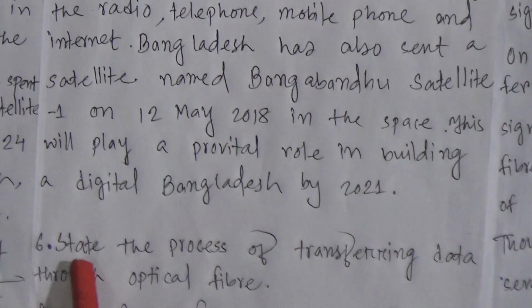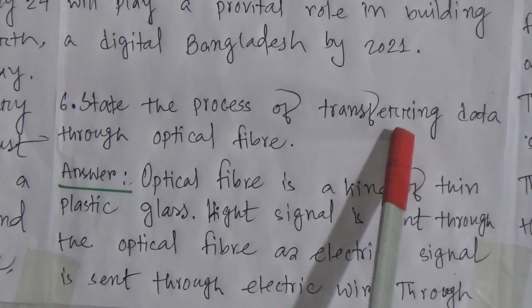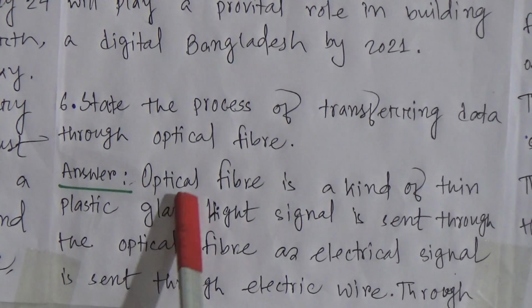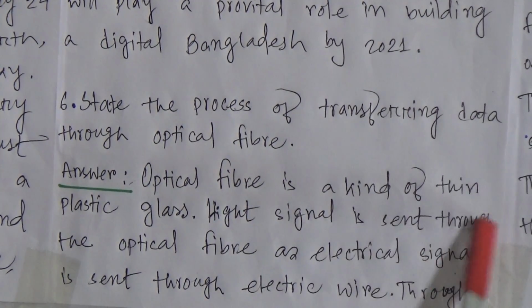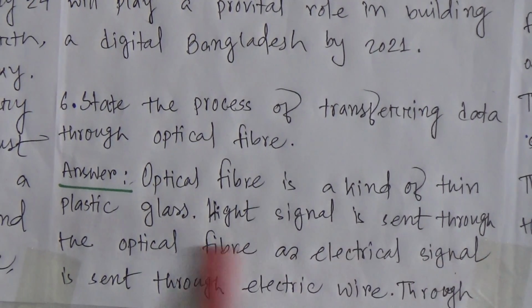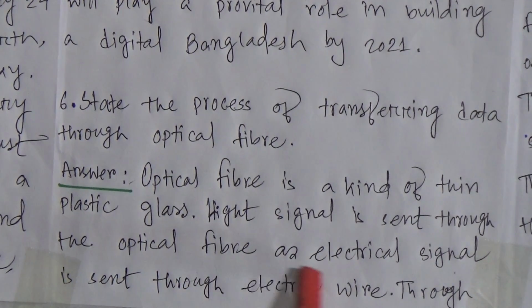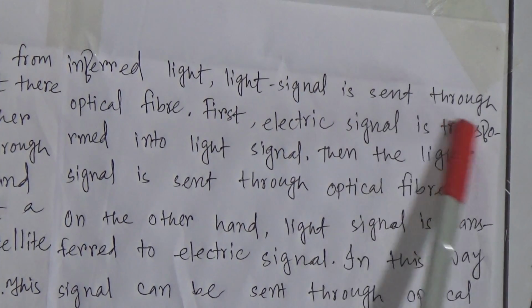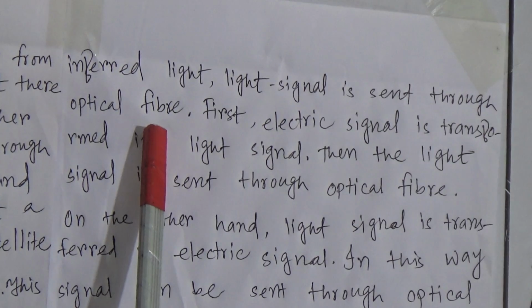Now question 6. State the process of transferring data through optical fiber. Answer. Optical fiber is a kind of thin plastic glass. Signal is sent through the optical fiber as electrical signal is sent through electric wire. Through infrared light, light signal is sent through optical fiber.